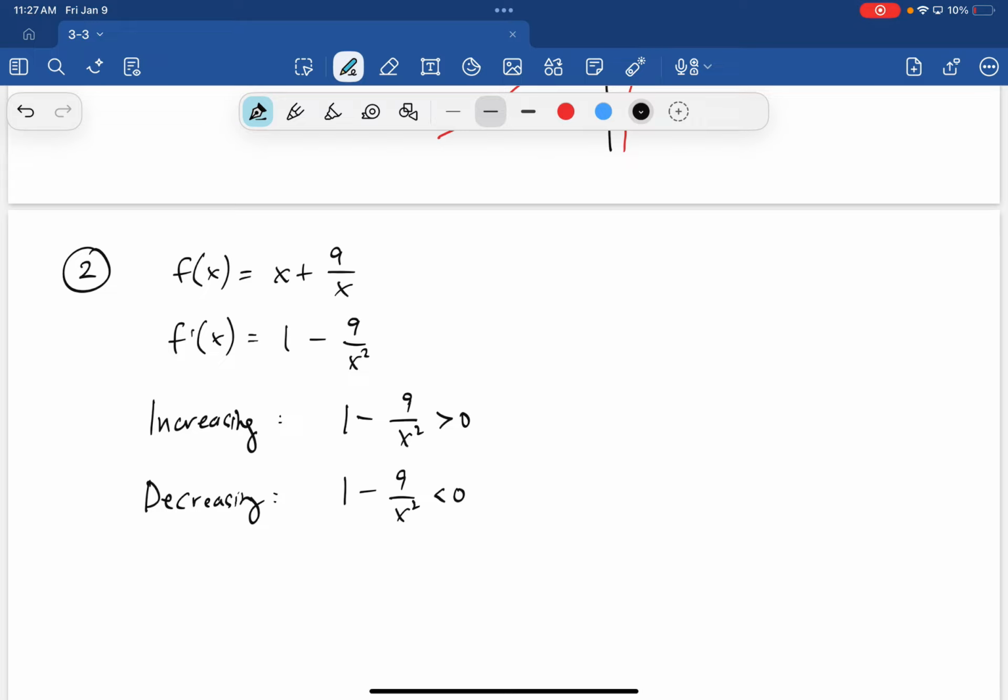I see these intervals, they're good, but which ones are increasing, which ones are decreasing? Do I just have to label? Yeah.